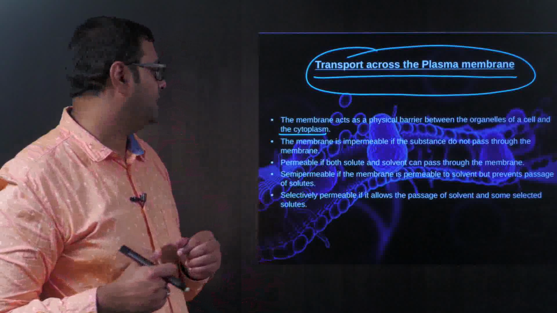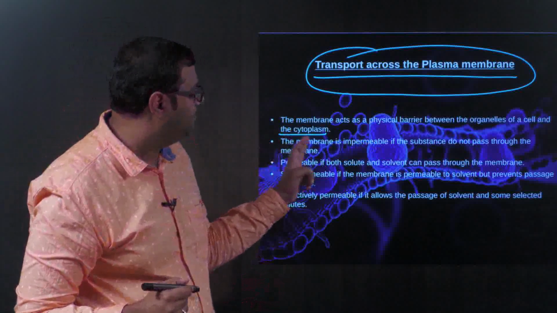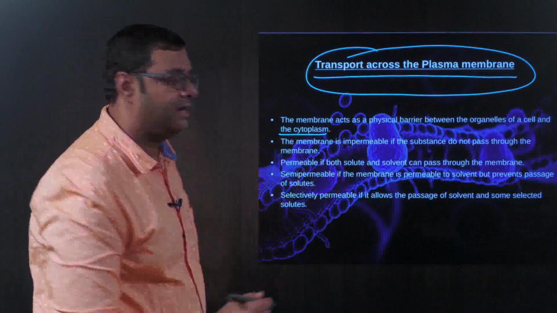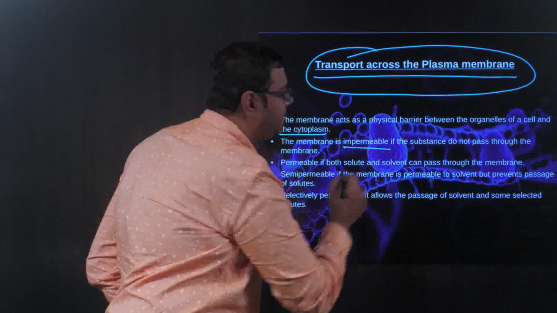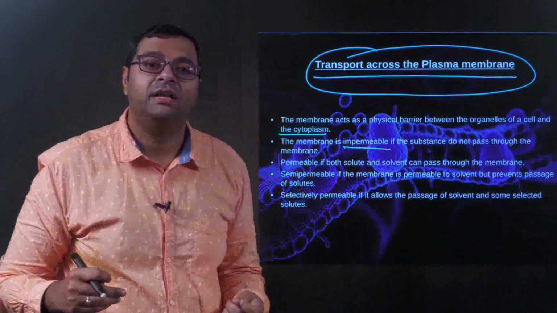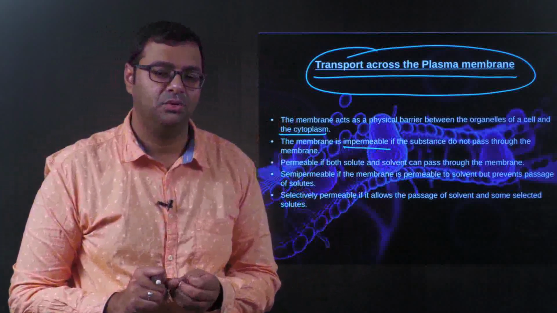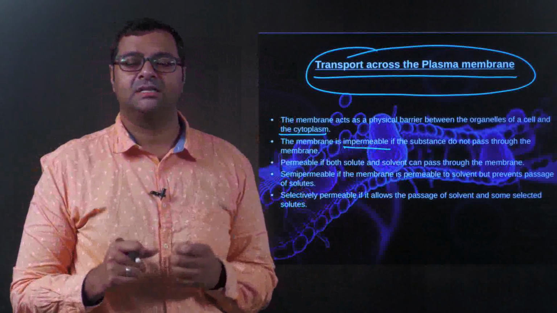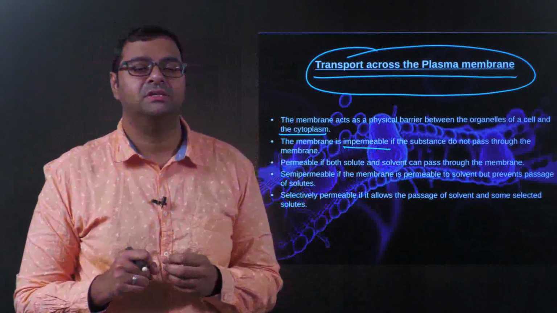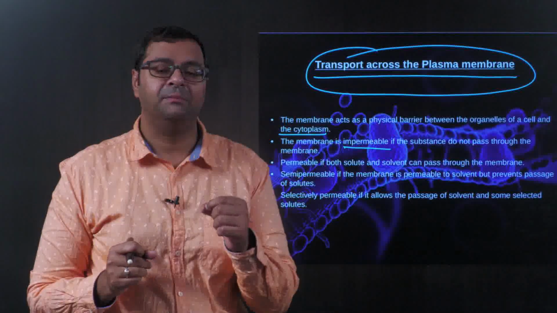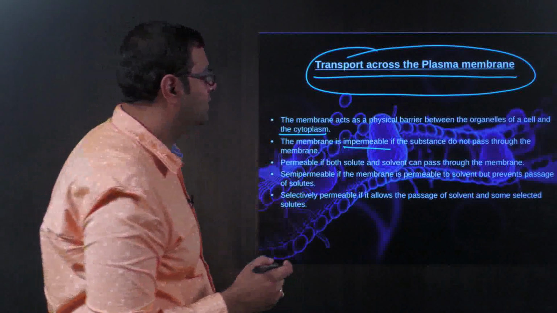Now the second point is the membrane is impermeable. When I say impermeable, that means it does not allow any substances to go through. That is how it is spelled.